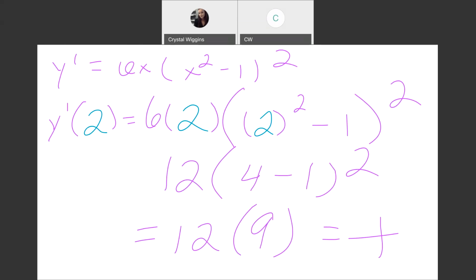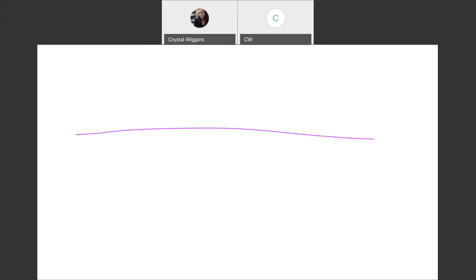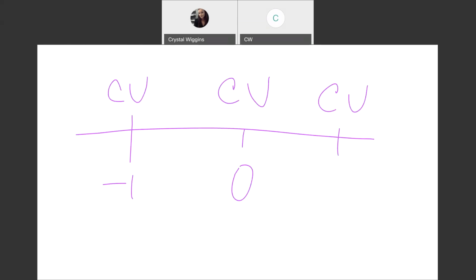Let's take a look at what we just found. Okay, so we have our critical values. We have a critical value at -1, a critical value at 0, and a critical value at +1. Now we just found through our first derivative test that when we put the test point of -2 in, we got a negative response for the derivative. So the derivative at -2 was less than 0 or negative.